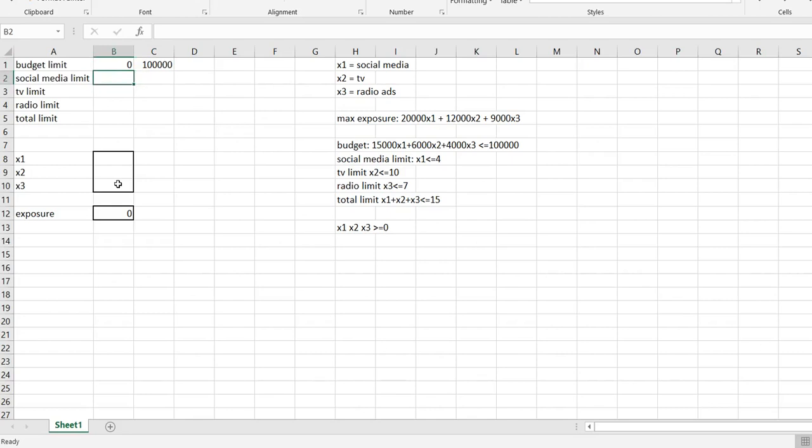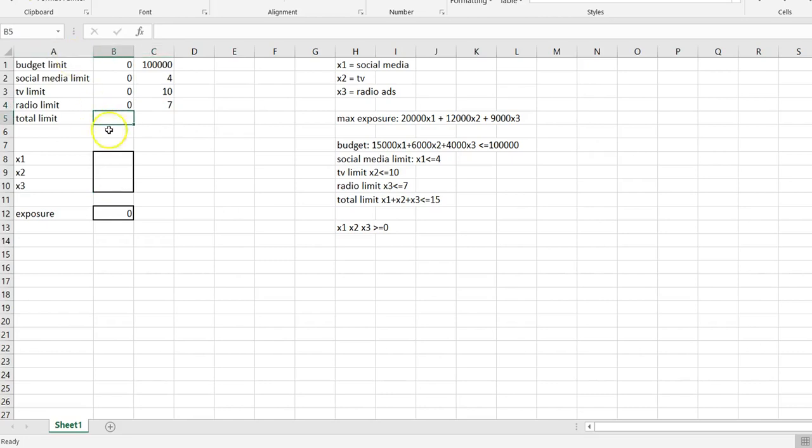Social media, X1. I'm just going to type equals X1. X1 is B8. Less than 4. X2 equals B9, and that's less than 10. Radio limit, X3 is less than 7, so equals X3, which is B10, less than 7.